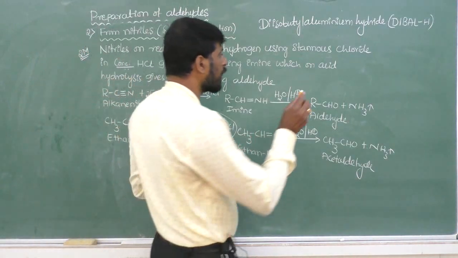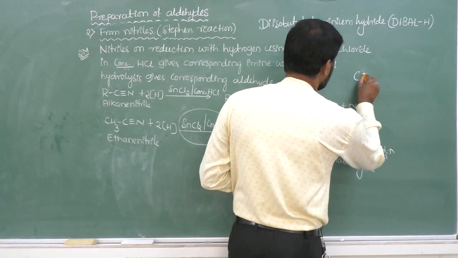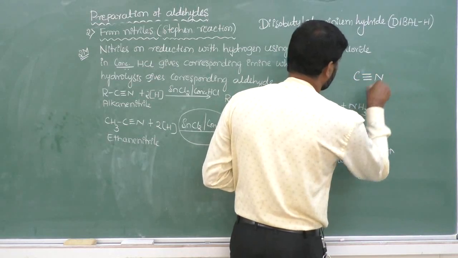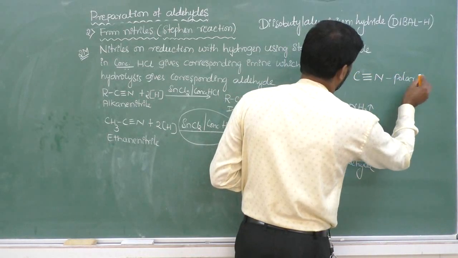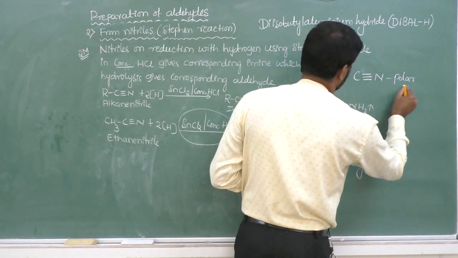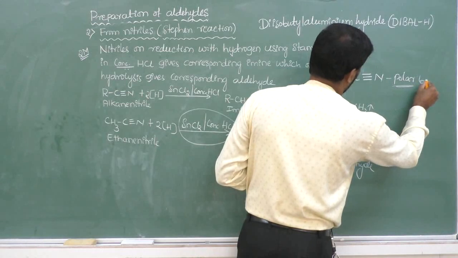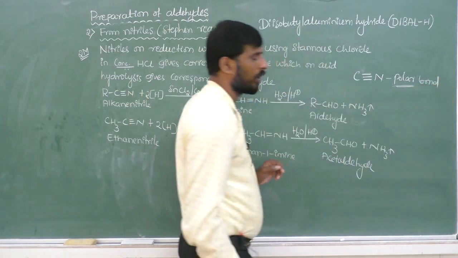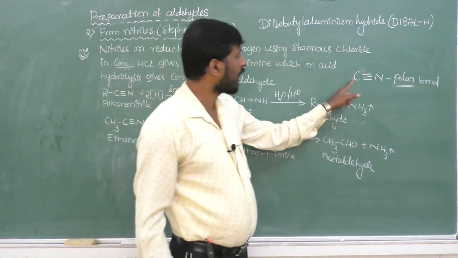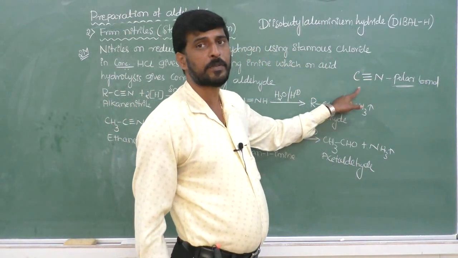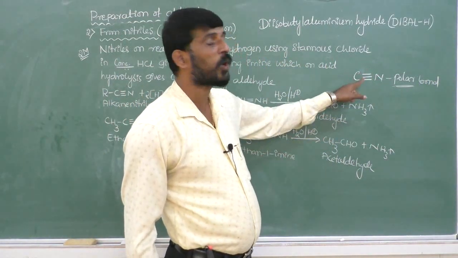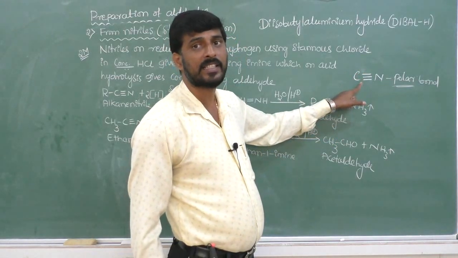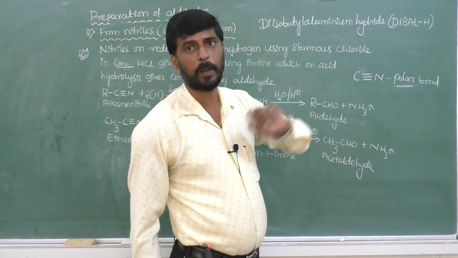For example, C triple bond N is a polar multiple bond. Because there is an electronegativity difference between carbon and nitrogen, there is a polarity, hence this is called a polar multiple bond.